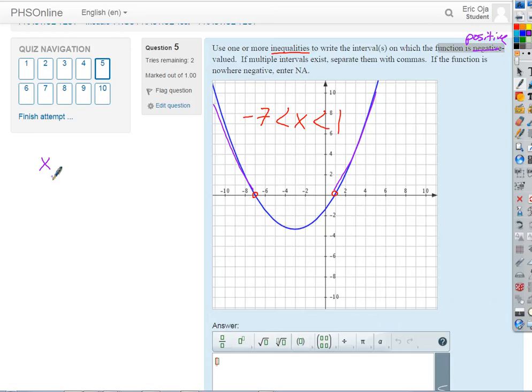It's all the values when the ant's walking from left to right, before he gets to -7, that he's above the x-axis. So left of -7, which means less than -7. Comma, we have to separate them because there are two intervals. What about the other one? How would I say this interval? x is greater than 1. Okay, so if we were looking for positive, that would be our answer.